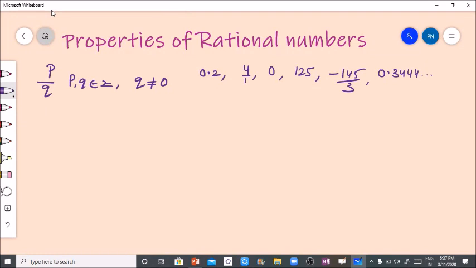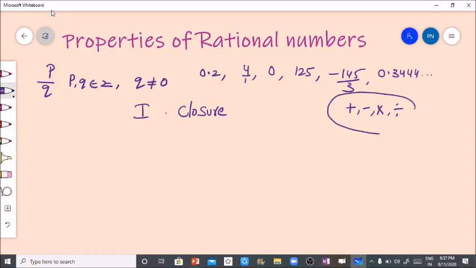Now let us learn about the properties of rational numbers. Number 1. The first property is closure property. If the sum of two rational numbers is also a rational number, then we can say that the set of rational numbers satisfies closure property under addition. The basic operations are plus, minus, into and divided.